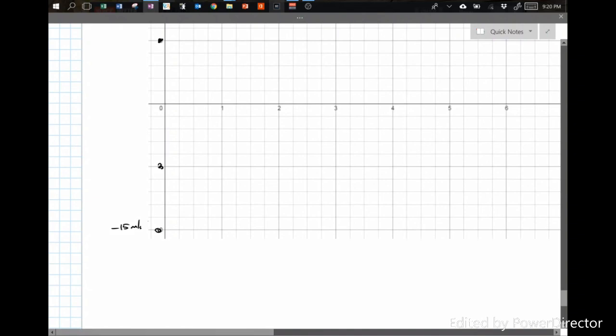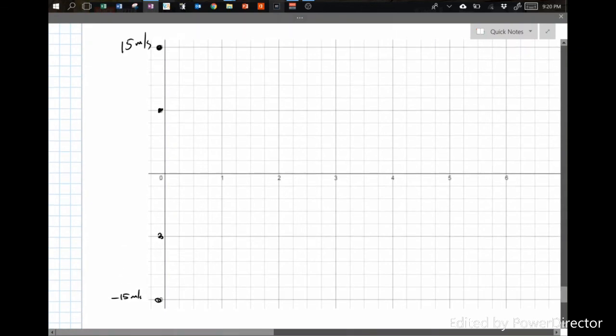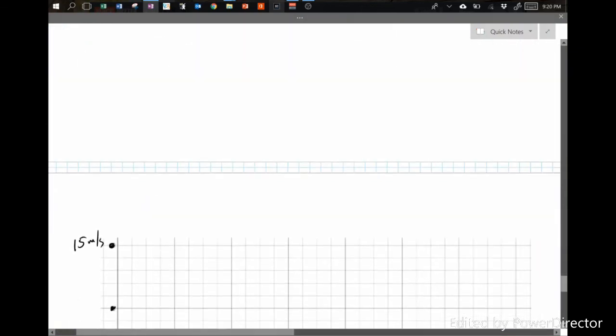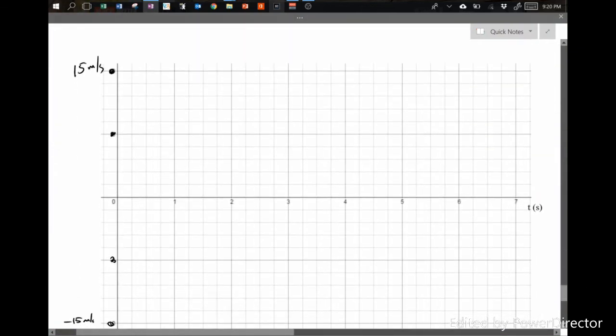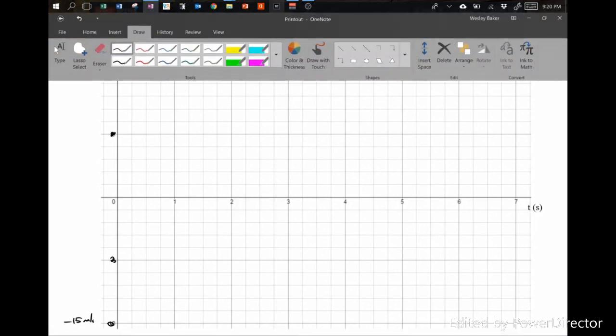Based on the picture that we had going on, based on when we start timing it, we begin moving to the right. We're going to say that time equals 0 at the time of the collision. At the time of the collision, our little picture shows us moving 15 meters per second to the right.